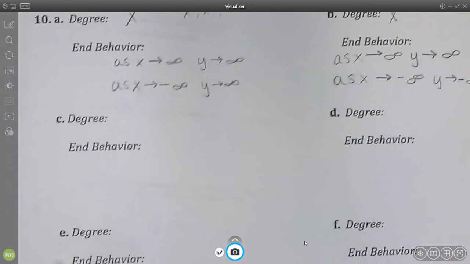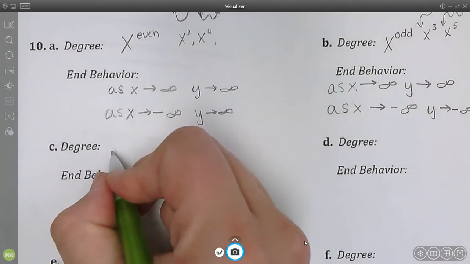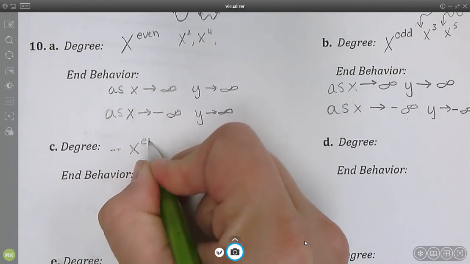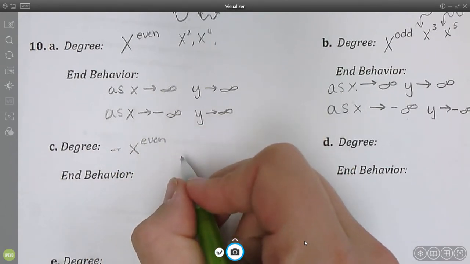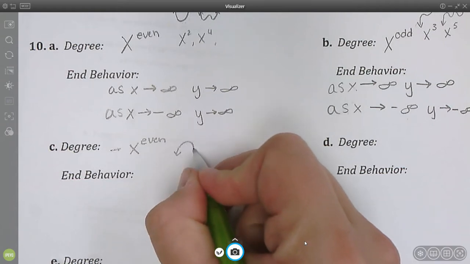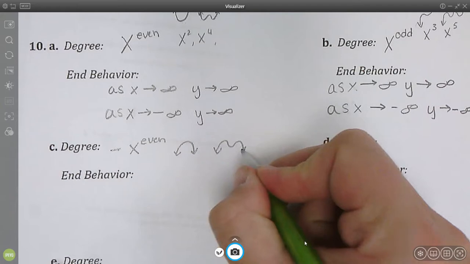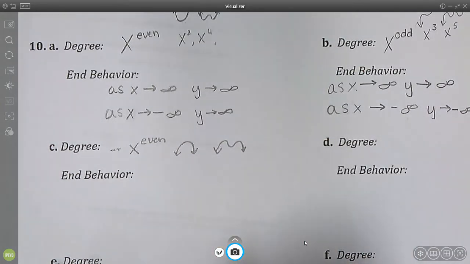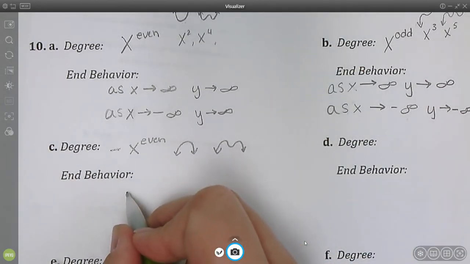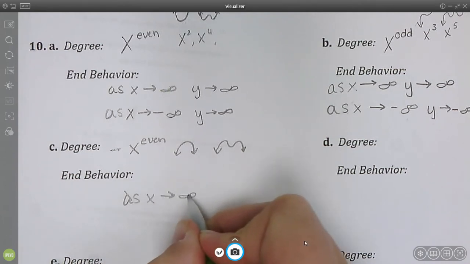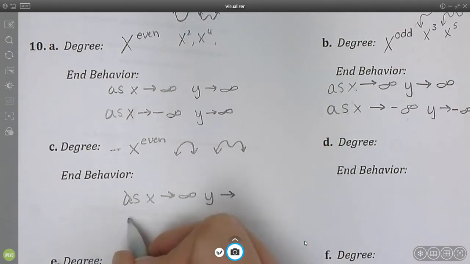Okay, so then we will have negative x to an even. Those two graphs will look like this, or it'll look like this. So I'm just going to set this one up for you. As x goes to infinity, y goes to something.